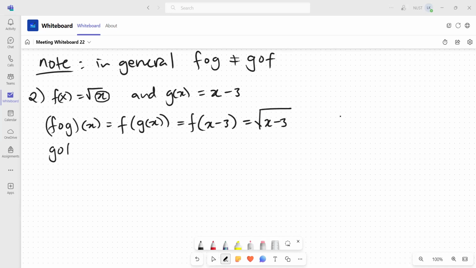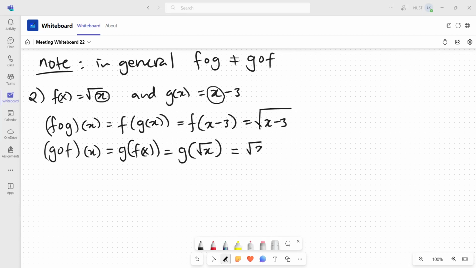And then the other way around, g of f of x. So into the function g, we are putting the function f of x, which is the square root of x. So in my function g, where I have x, I'm going to replace x with square root of x. So this is square root of x minus 3. Everything else that doesn't have an x remains the way that it is.